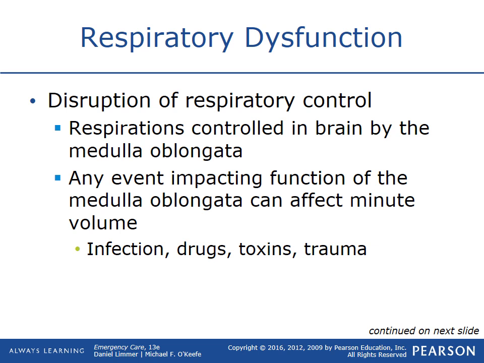Our respirations are controlled by the brain. At the base of our brain is something called the medulla oblongata. And if there's a problem with our breathing, it's probably originated from the medulla oblongata.